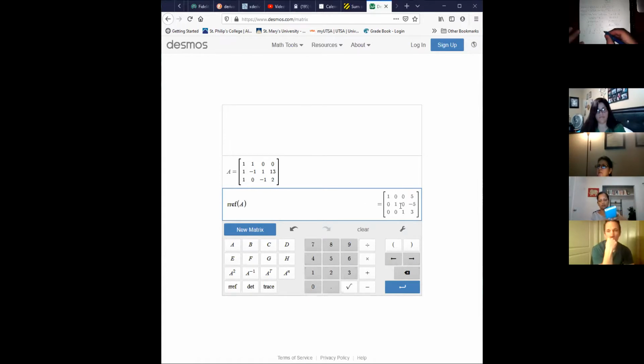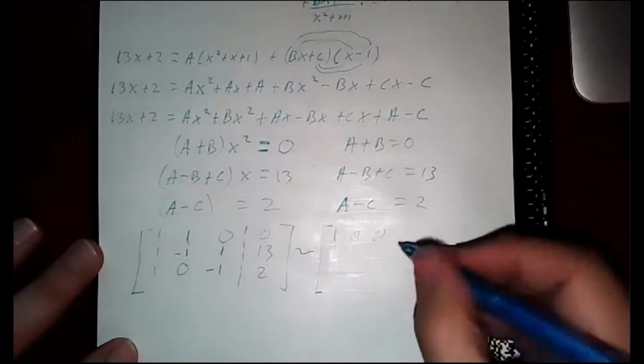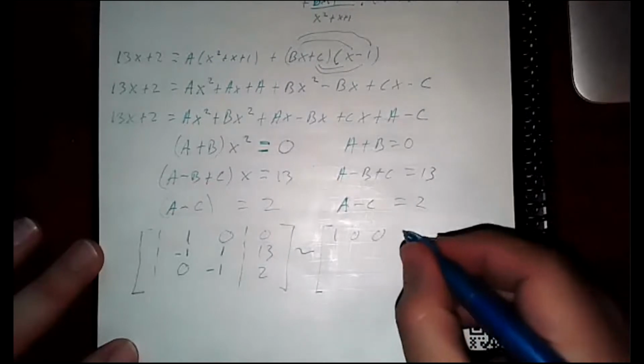So the row reduced echelon form of the matrix gives you all the answers you need for A, B, C. REF, that's what it stands for? Yeah. REF means row reduced echelon form, which is just this. Let me show you. Okay, so 1, 0, 0, 5.